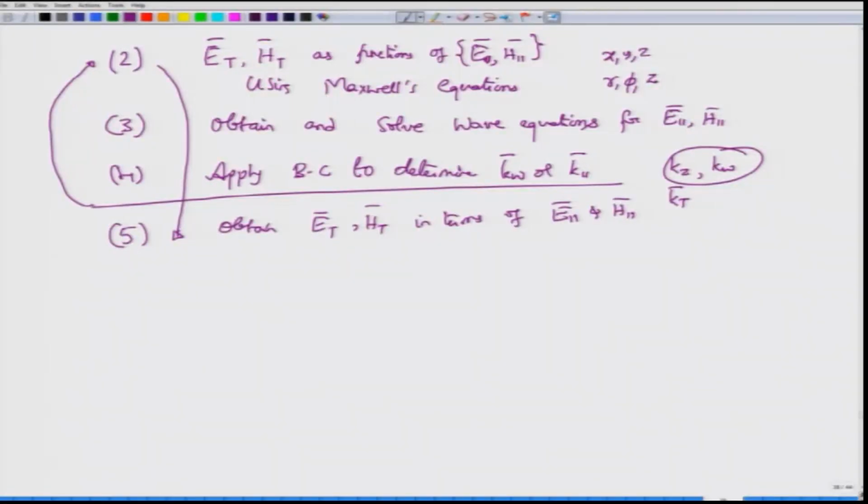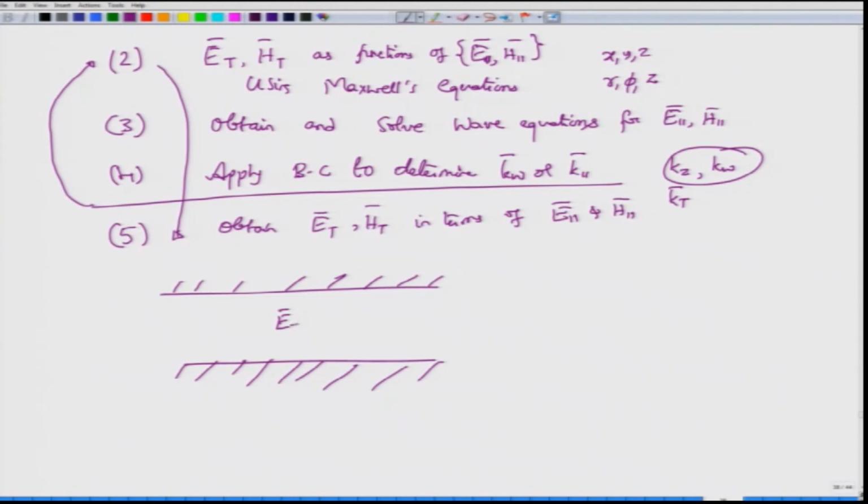So, we are going to look at this systematic procedure, and before I look at it for the slab waveguides and the optical fibers in the next modules, what I am going to do is to reconsider the parallel plate waveguide, which consisted of 2 perfect electric conductors, and then see how far I can go with these steps to obtain the corresponding total electric and magnetic fields, or essentially do a modal analysis of this particular problem.